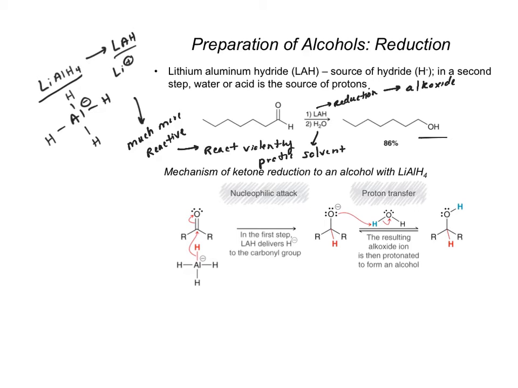So the mechanism here is the exact same as what we saw for the borohydride, except now the aluminum hydride is acting as that source of nucleophilic hydride. We're going to see that nucleophilic attack first, again forming our alkoxide ion. That alkoxide then has to be protonated via proton transfer step, where it acts as a base.